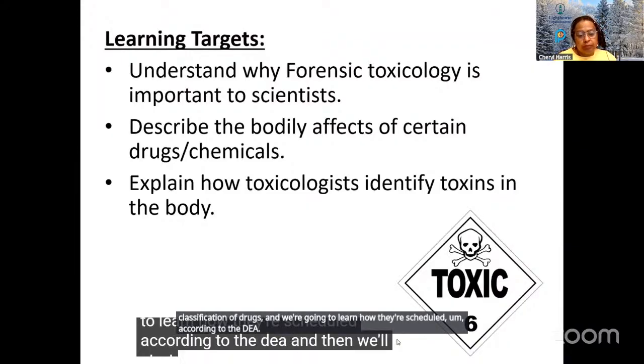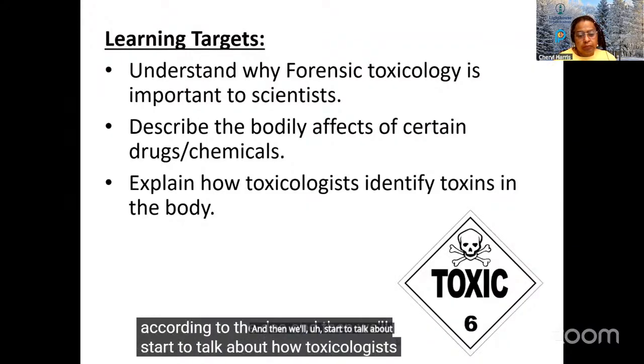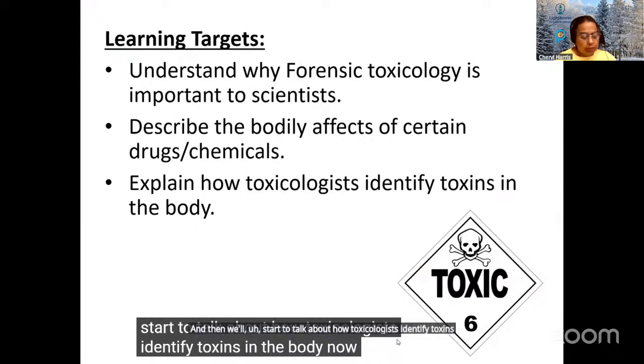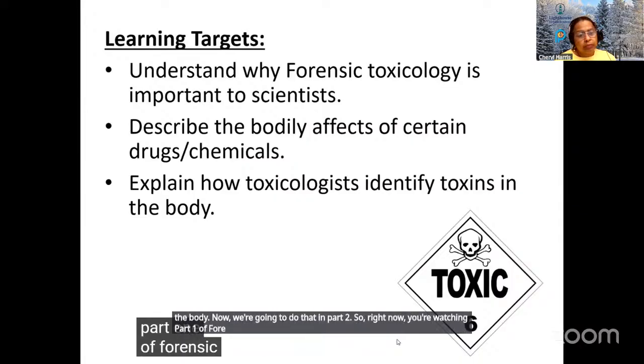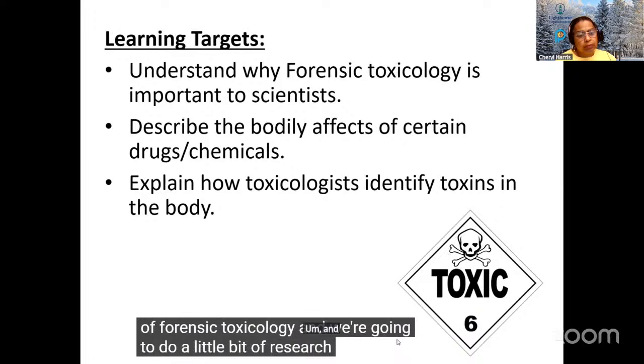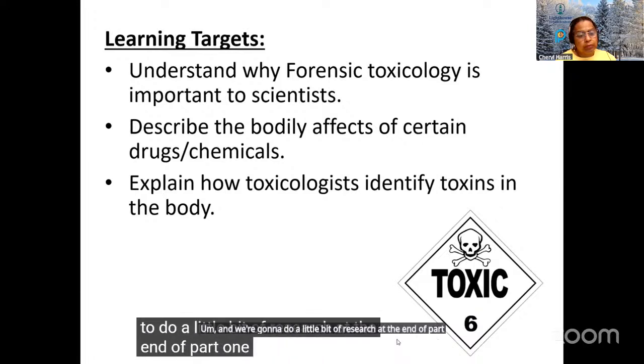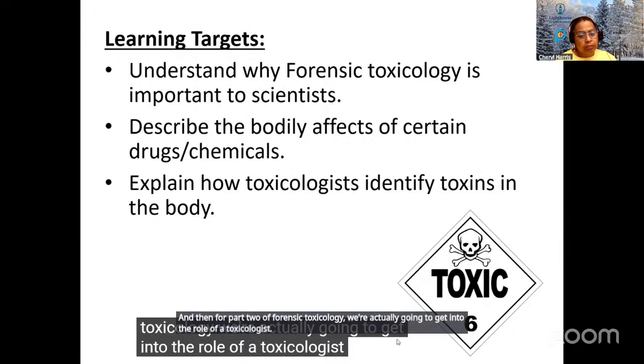And then we'll start to talk about how toxicologists identify toxins in the body. Now, we're going to do that in part 2. So right now you're watching part 1 of forensic toxicology, and we're going to do a little bit of research at the end of part 1. And then for part 2, we're actually going to get into the role of a toxicologist.